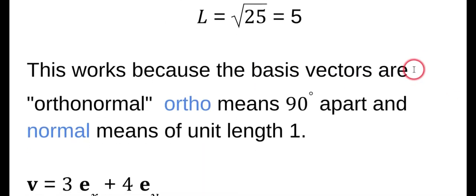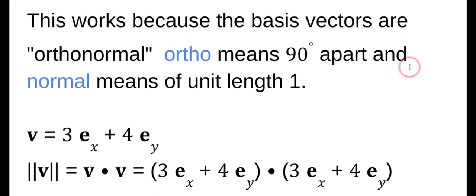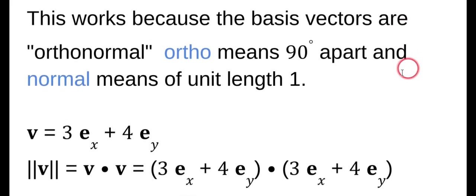Now, if you actually write it out the way you should, you would say, here are my components, 3, 4. Here are my basis vectors, Ex, Ey. Now I want to multiply this times itself, which is how the magnitude of V is written. And one of the multiplications you can do in vectors is the dot product.